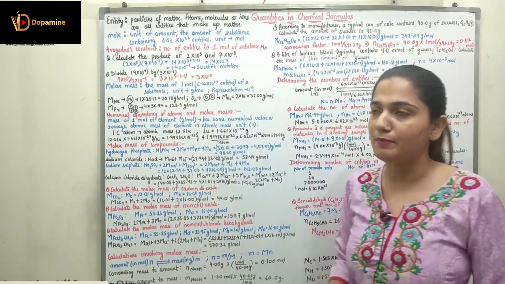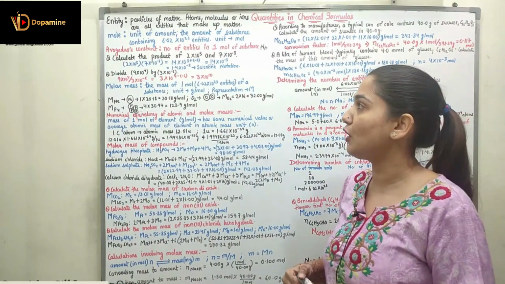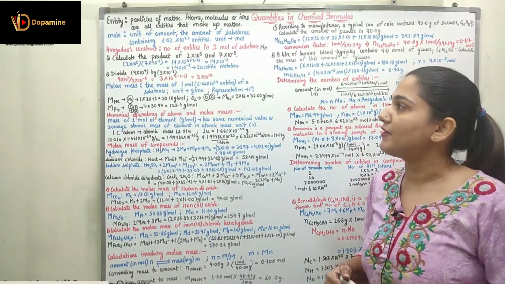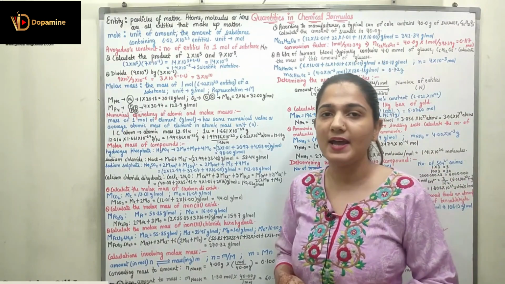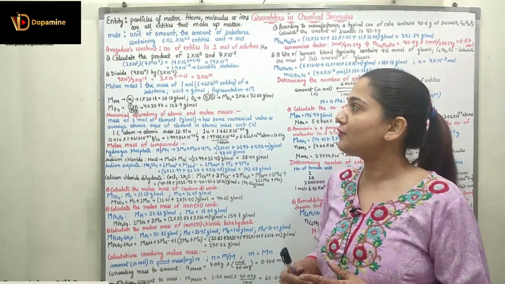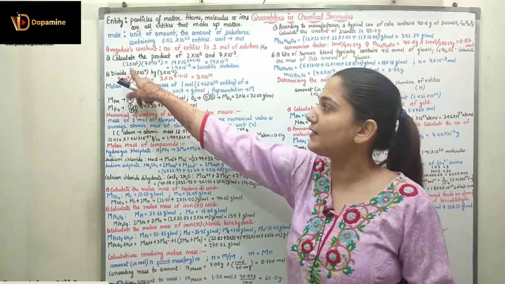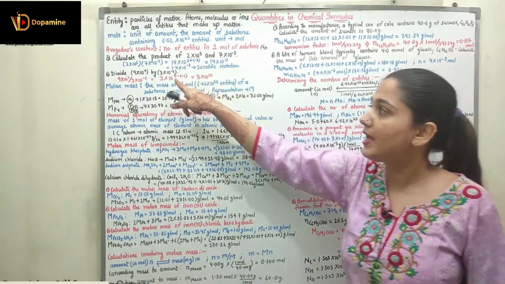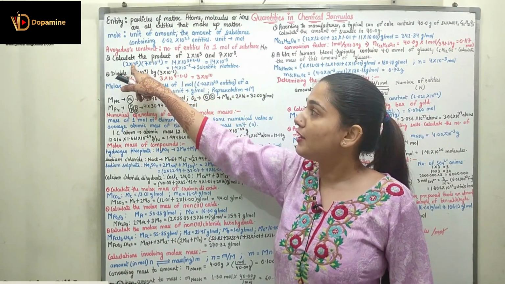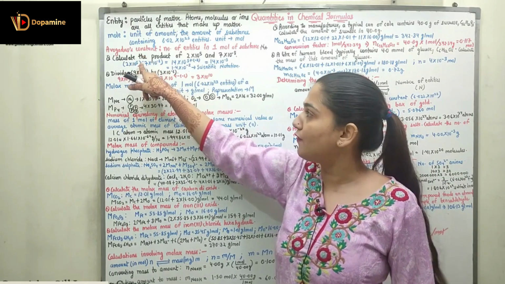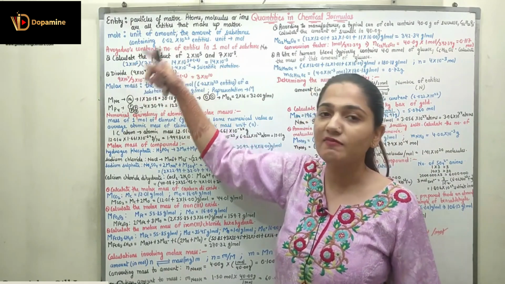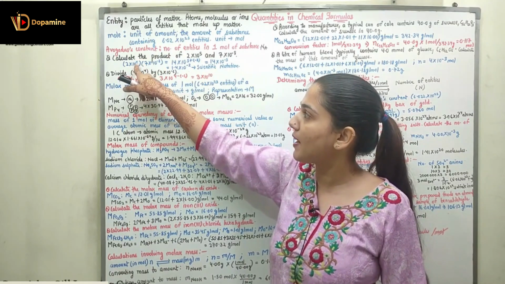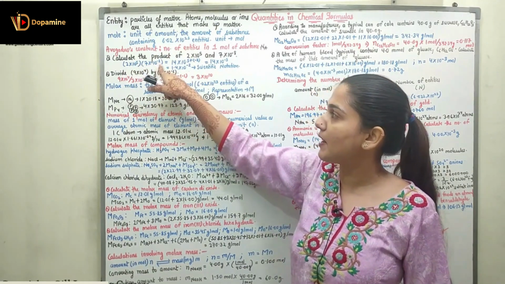Coming to sample problem 1, which states: calculate the product of 2 × 10^5 and 7 × 10^-8. When I multiply these two in scientific notation, I multiply the coefficients 2 and 7, giving 14, and because we have multiplication, we add the powers of 10.